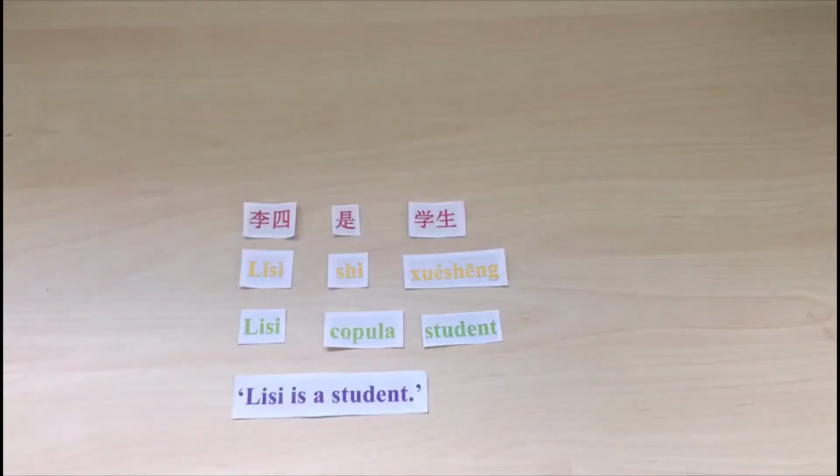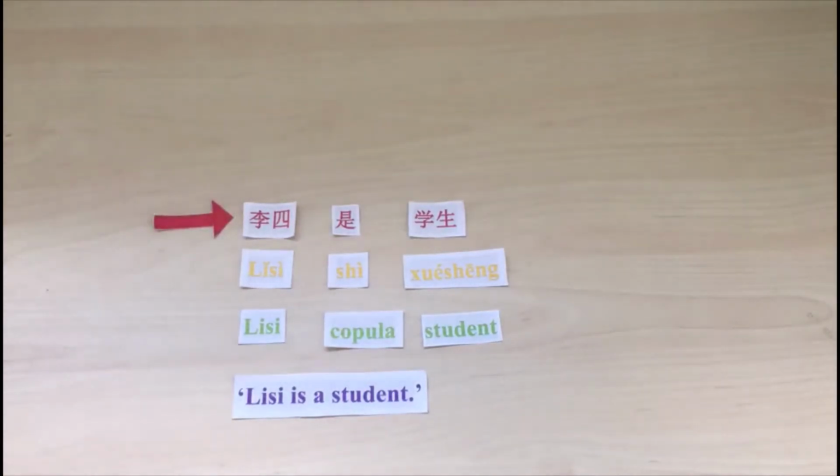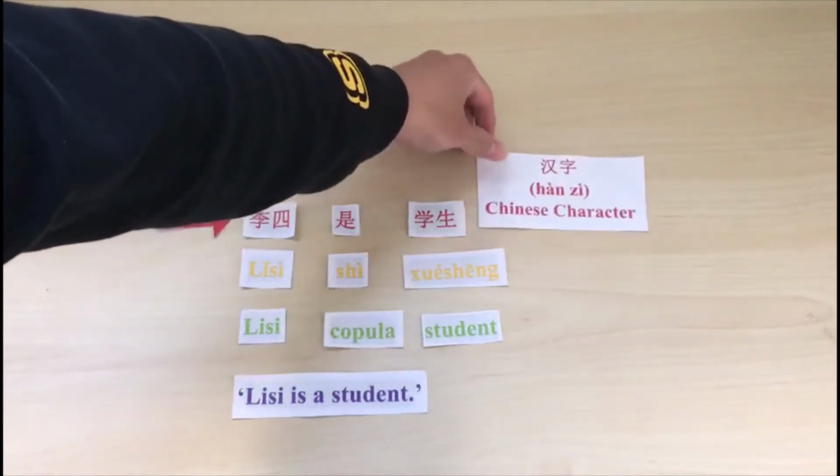Now, let me further describe the sentence structure of 李四是学生. Here you see there are 4 lines, and each line shows different content. The first line shows you the orthography of Mandarin Chinese, namely Hanzi, Chinese characters.